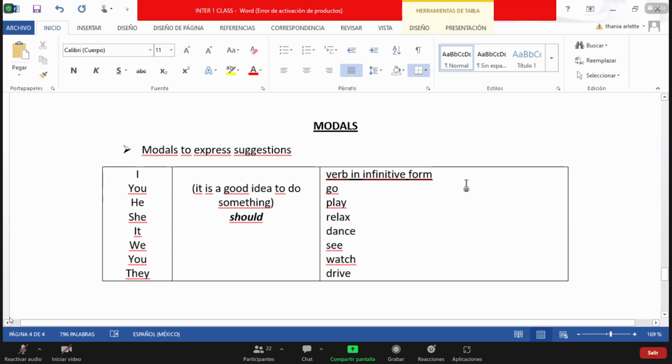And somebody gave a complement for the verb see. That is correct. Just a moment. You can say, you should see a movie. What does it mean?